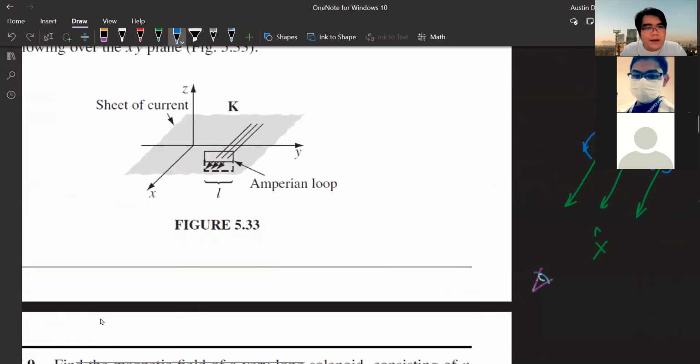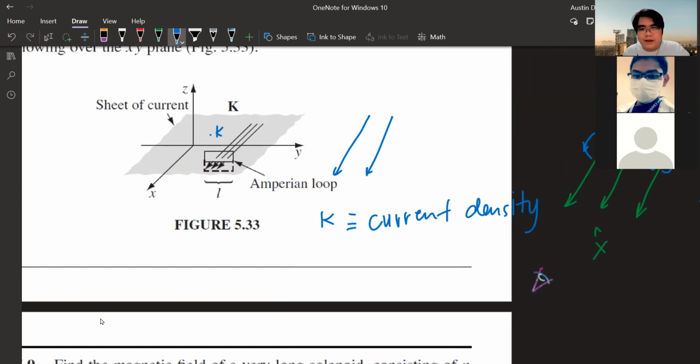Meron kang nag-flow na K, di ba? So, at any point, makukuha mo si value ng K. Kasi si K ay surface current density. So, pangalanan muna natin, surface current density.